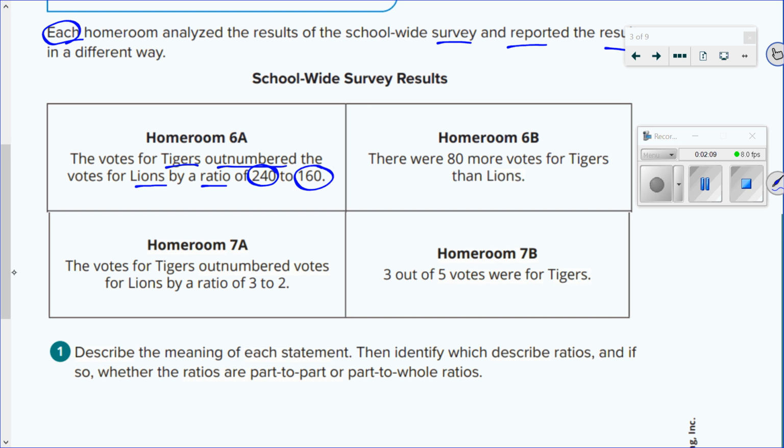Homeroom 6B, there were 80 more votes for Tigers than Lions. 7A, the votes for Tigers outnumbered the votes for Lions by a ratio of 3 to 2. Homeroom 7B said 3 out of every 5 votes were for Tigers. Well, of course they're all correct because those are the results.